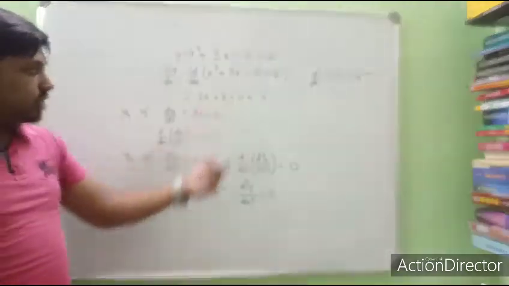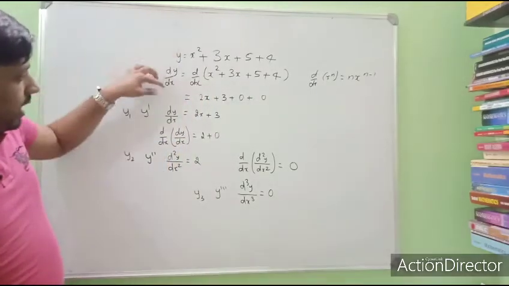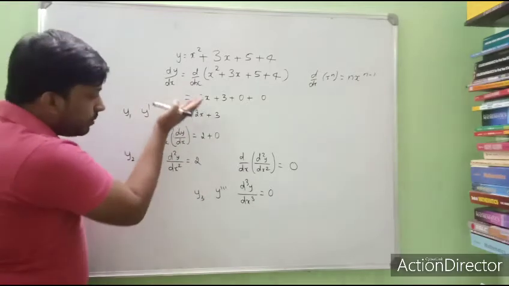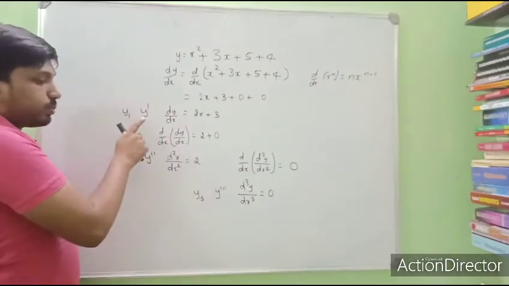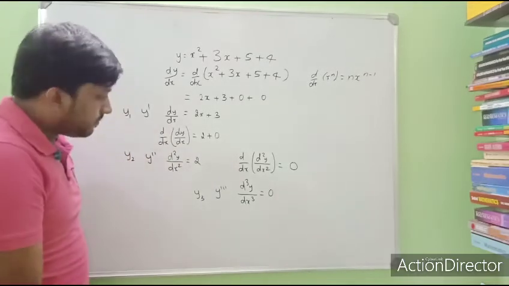So a given function, we are going to differentiate with respect to x. After differentiating it, we get the first derivative, that we can represent as y dash or y1 or dy by dx.